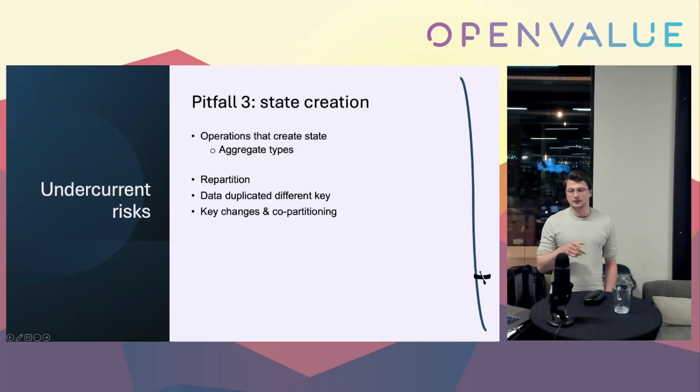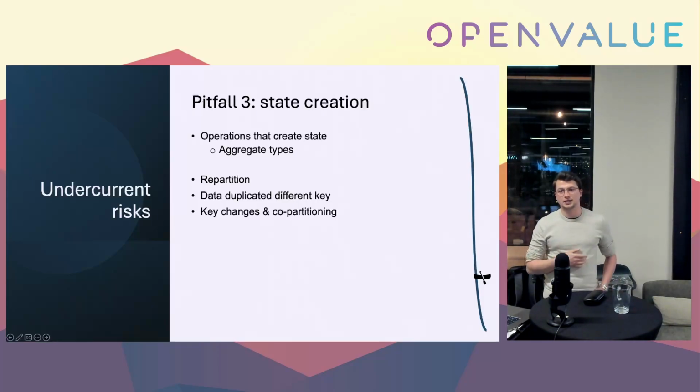Besides that, it can also be that you need a repartition. So if you change the key, then it might need to change partition as well, and it needs to put this data on these new partitions because it needs to be sure that it has the partition of the state store and the partition of the topic which contains the same key.